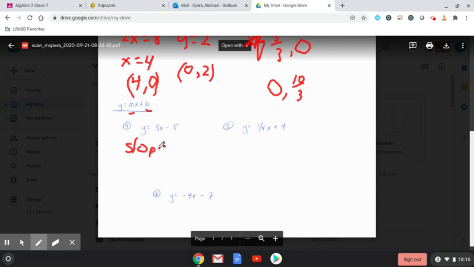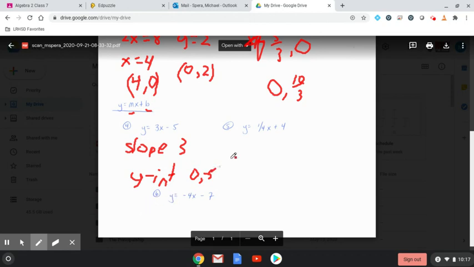I'm sloppy here, but the slope is 3. Our y-intercept is -5, but we should write it, again, as I said before, as a point, (0, -5).